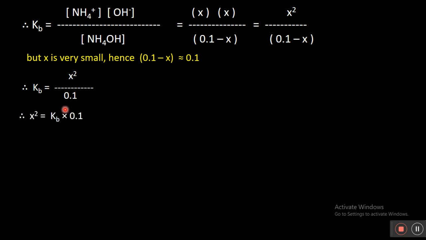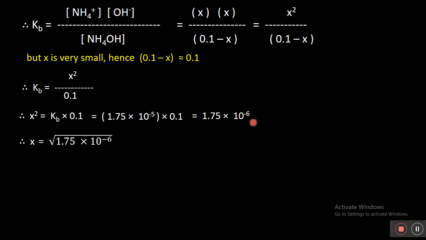Let us simplify this. Therefore, X square is equal to Kb into 0.1. Let us put the value of Kb. It is 1.75 into 10 raised to minus 5 into 0.1, and this 0.1 we can write as 10 raised to minus 1. So the final answer will be 1.75 into 10 raised to minus 6 molar.